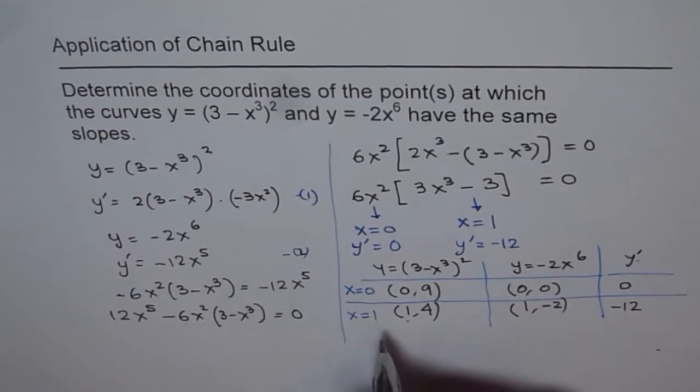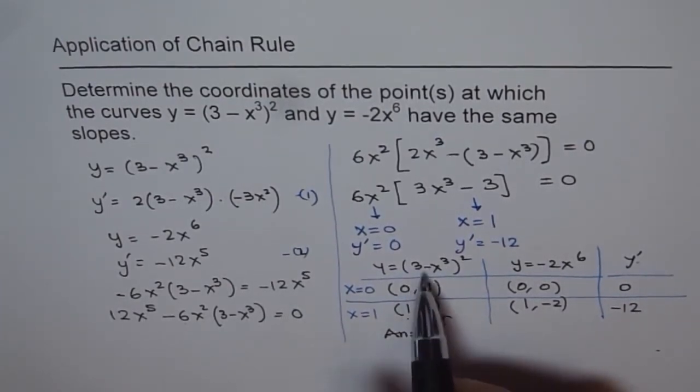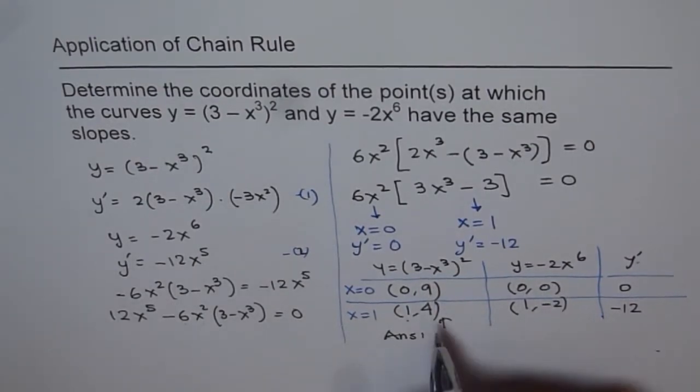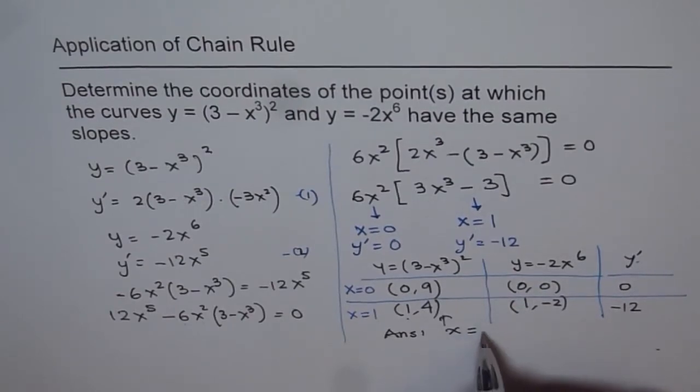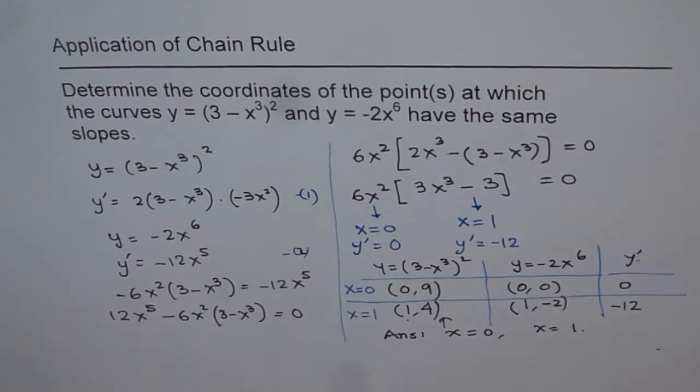We say the coordinate points are this set of points on the first curve and this set of points on the second curve. Or we can write at x equals 0 and at x equals 1, correct, on both the curves. So that is how we can solve this question. I hope it makes sense to you and you like the way it has been neatly laid out. That is the way you should solve these problems. And remember, same slope means same derivative, correct? Thank you.